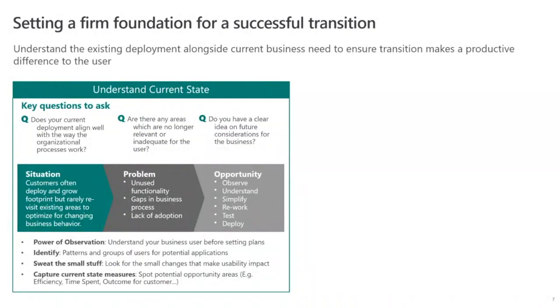So in order to understand the current state, there are a few key questions that you might ask. For example, does your current deployment align well with the way the organizational processes work in your organization? Or are there any areas which are no longer relevant or inadequate for the user?